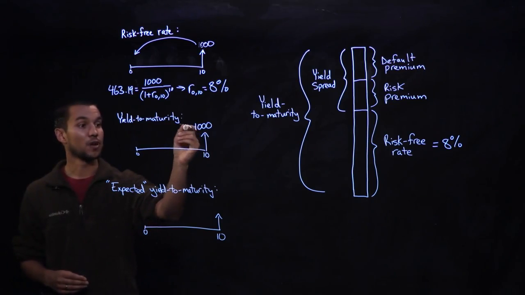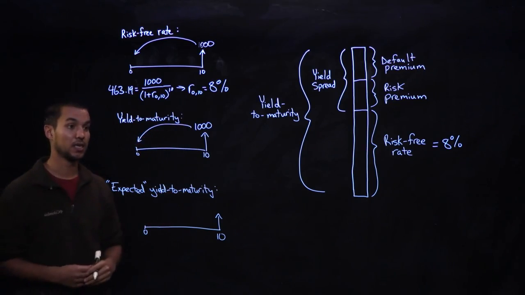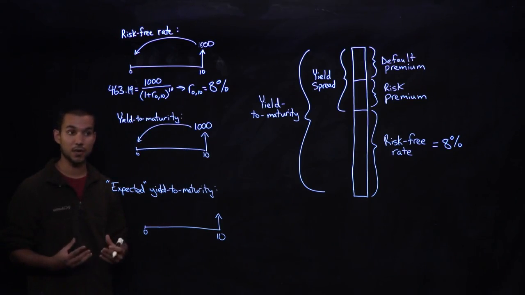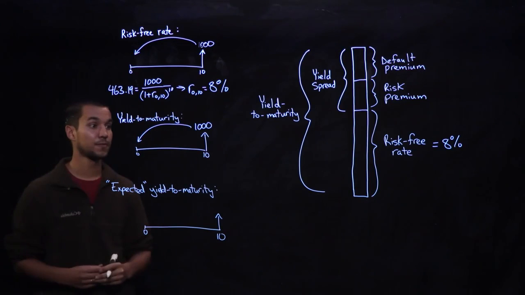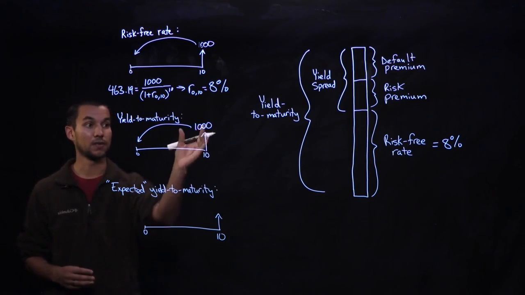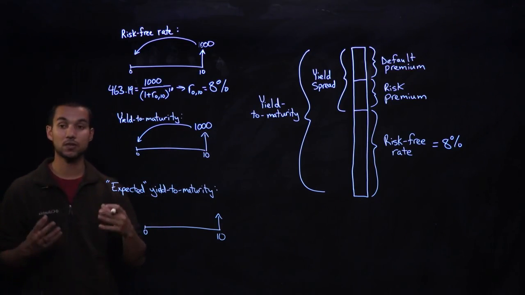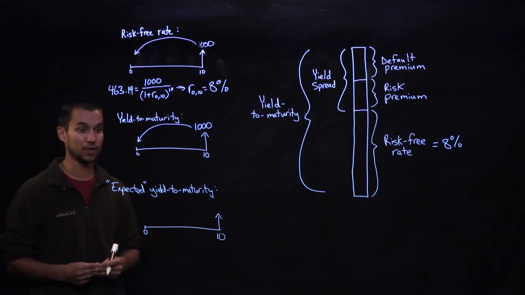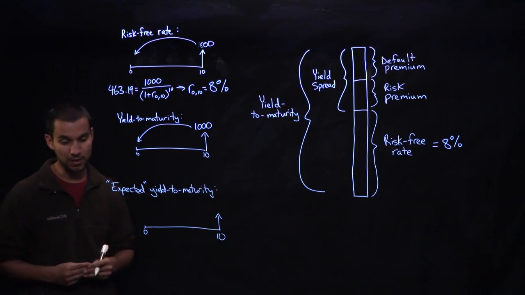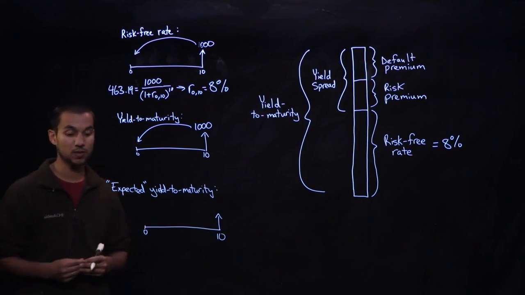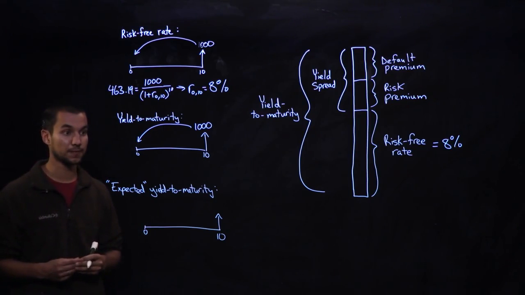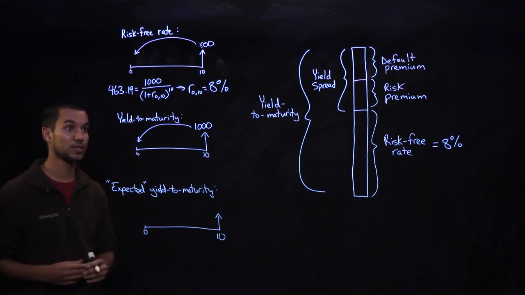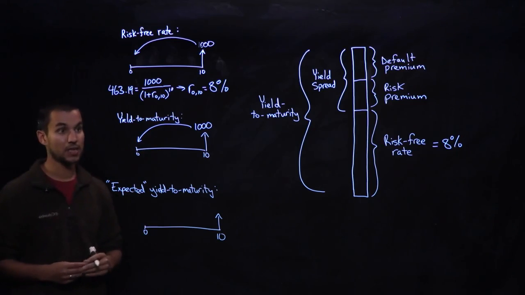And so again, we want to find the discount rate that sets the present value of this $1,000 payment equal to the current market price that this risky corporate bond is trading for. And we're told that the price of the bond right now is $321.97.